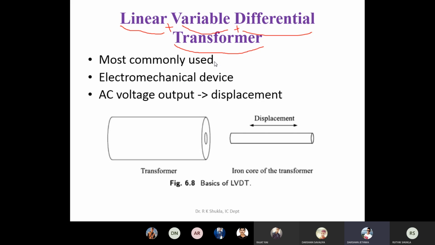And differential is that here we use primary as one winding, and secondary as two windings, and here is transformer. Basically it's made like a transformer, with no contact from the primary winding to the secondary winding.